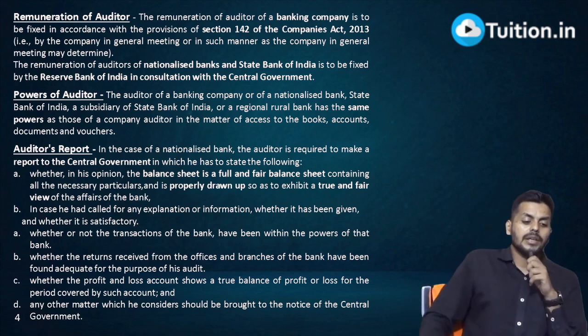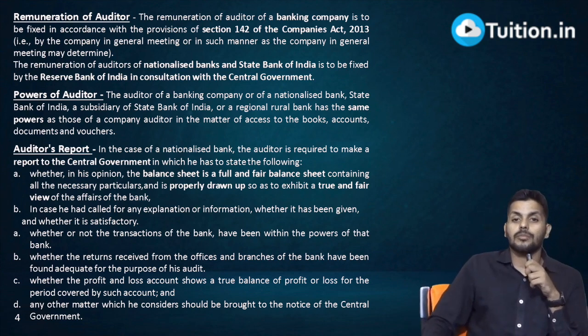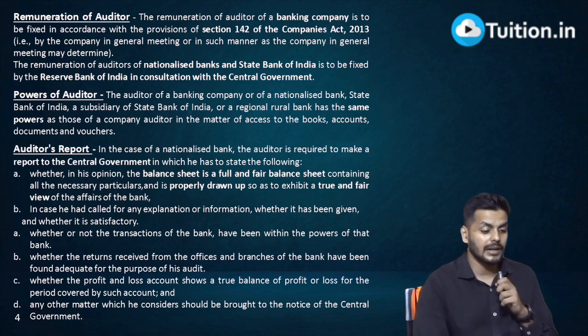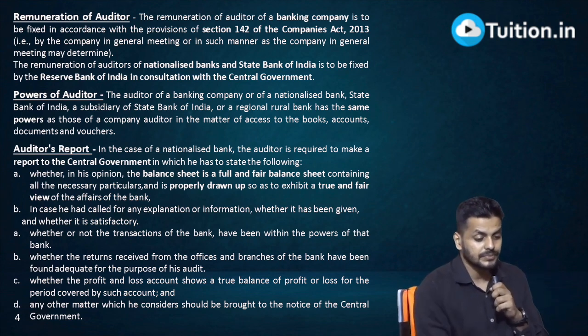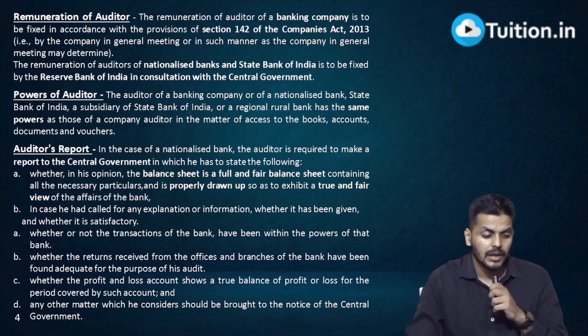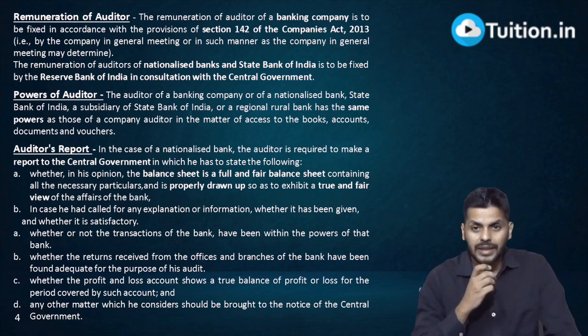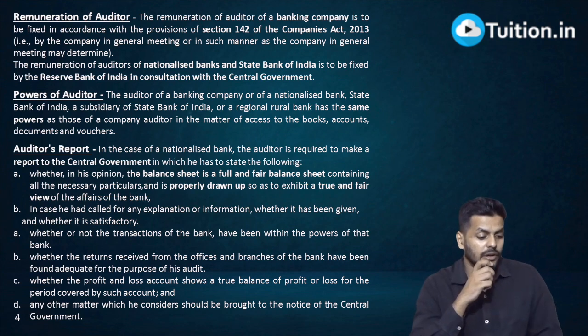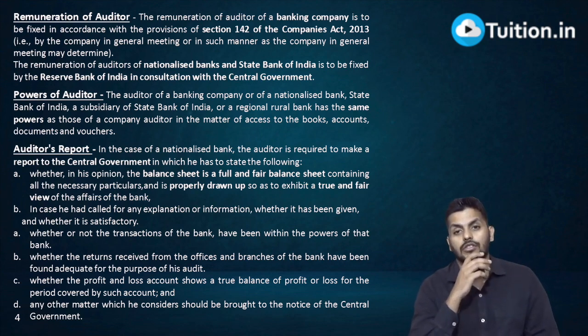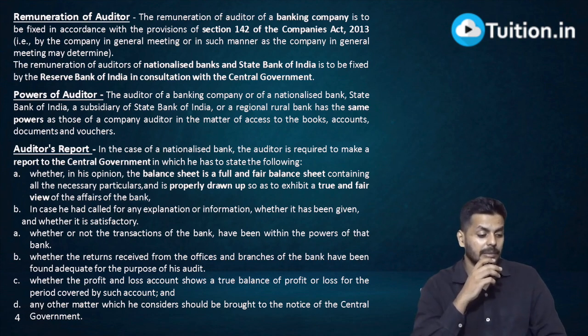That is, by the company in general meeting or in such manner as may be determined in the general meeting. The remuneration of the auditors of nationalized banks and SBI is to be fixed by RBI in consultation with the central government.